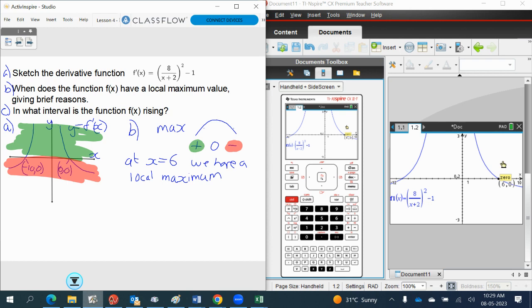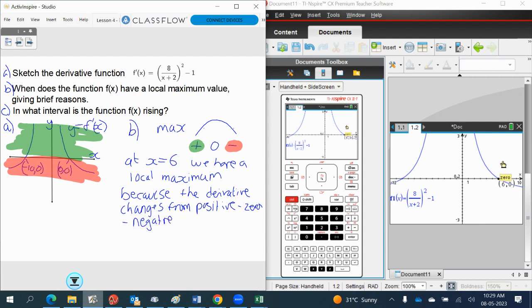Why? Because the graph goes negative. Which graph? The derivative. The derivative changes from positive to 0 to negative.